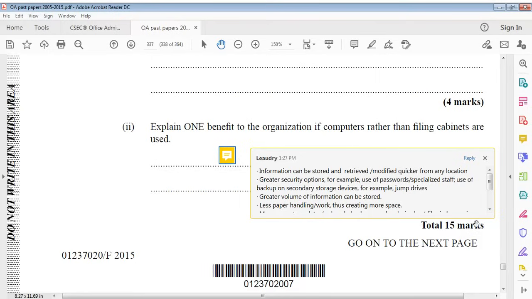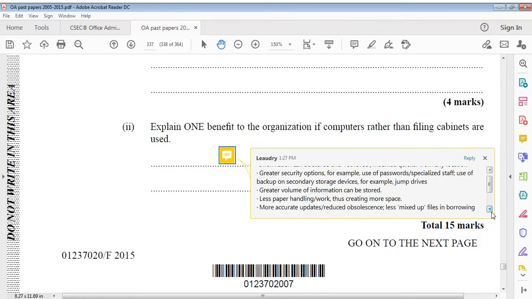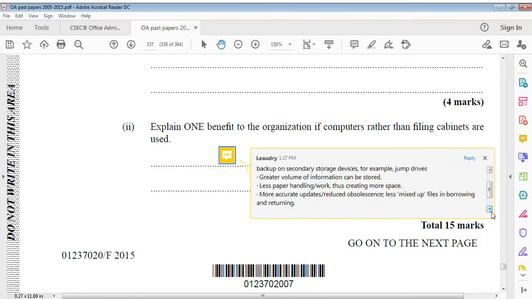4, less paper handling or work, thus creating more space. 5, more accurate updates are reduced, obsolescence, less mix-up of files in borrowing and returning. So those are the benefits of using a computer against a filing cabinet.